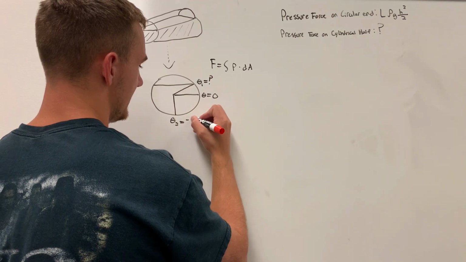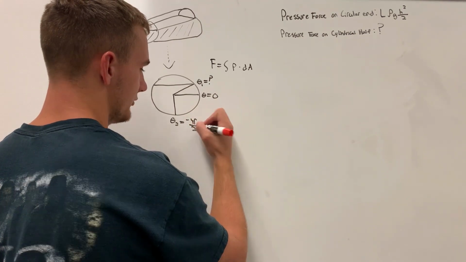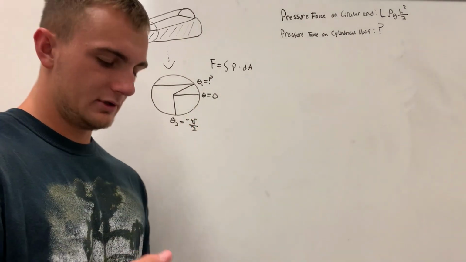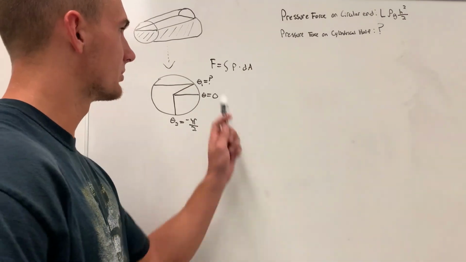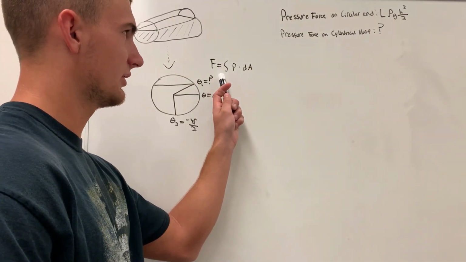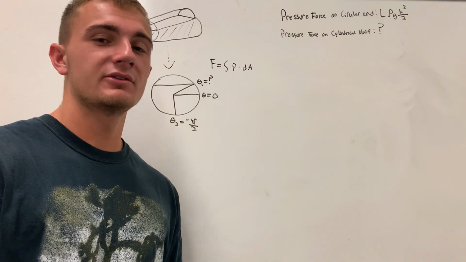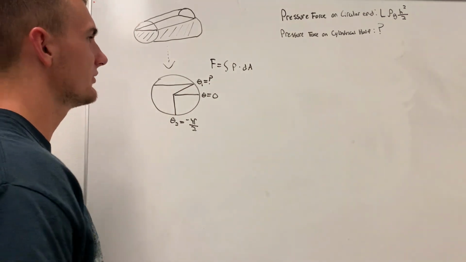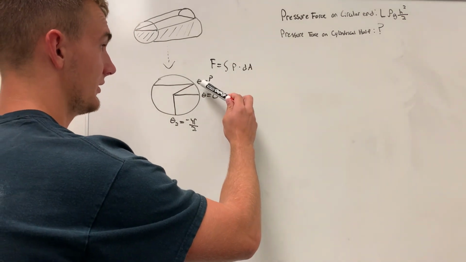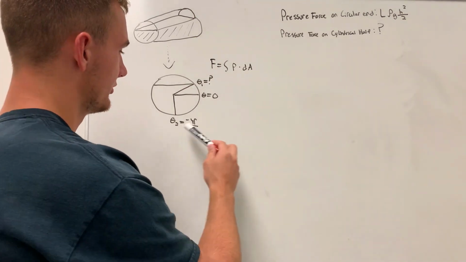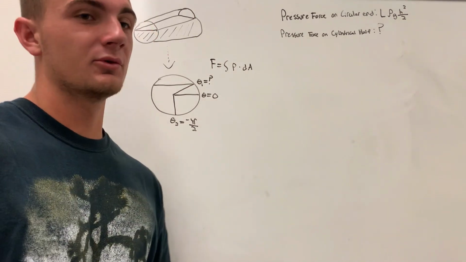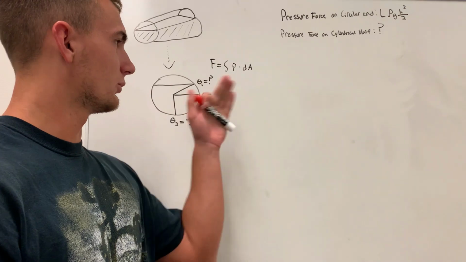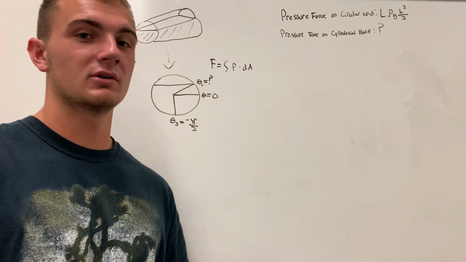We know that this is negative pi over 2. So what we need to do is express our pressure force equation in terms of theta, and then we can integrate from theta 1, which we don't know, to theta 2 in order to find the pressure force on one of the sides of the cylindrical barrel.